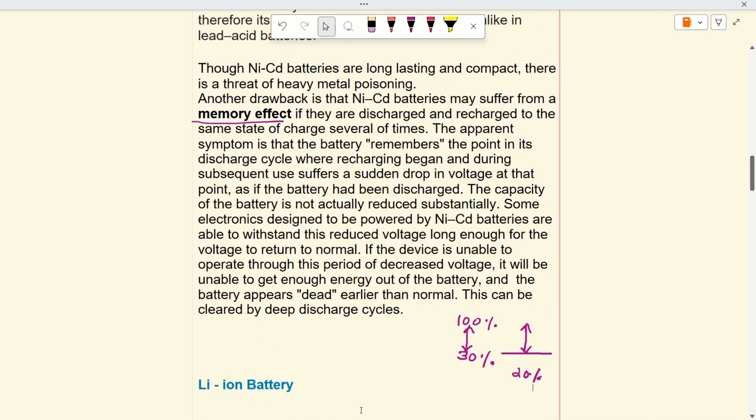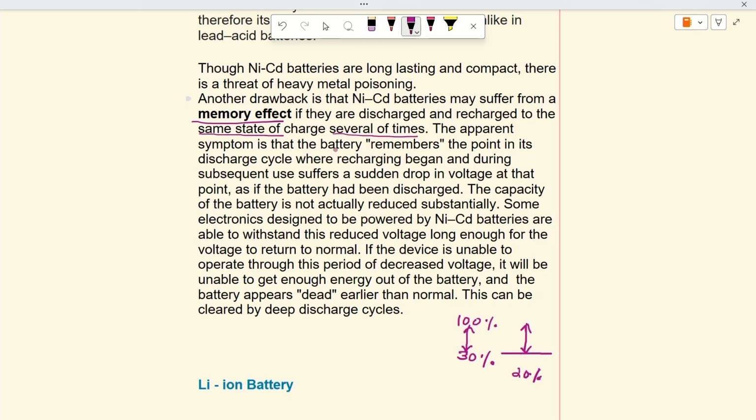Now, this is known as the memory effect. Let us see in detail: if they are discharged and recharged to the same state, which is 30%, several times, there is a symptom in that battery.